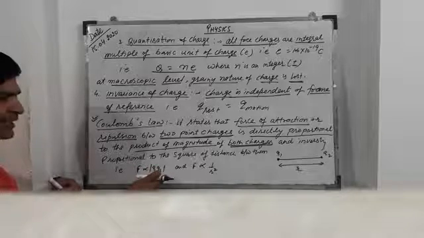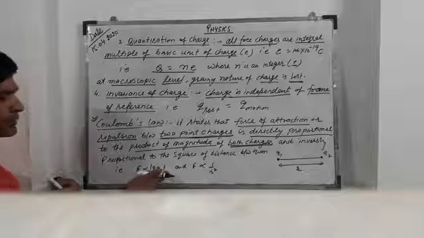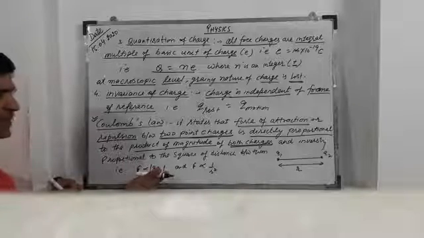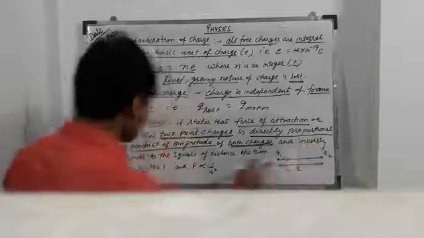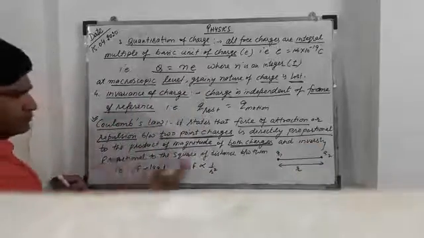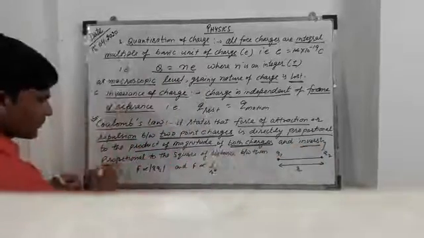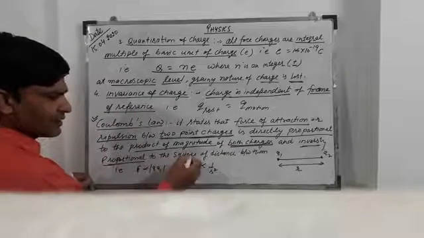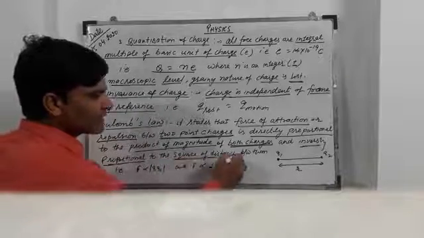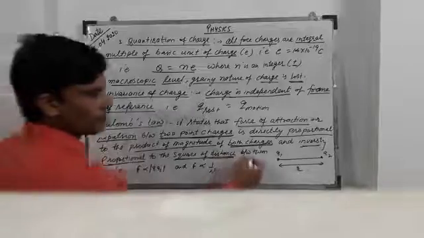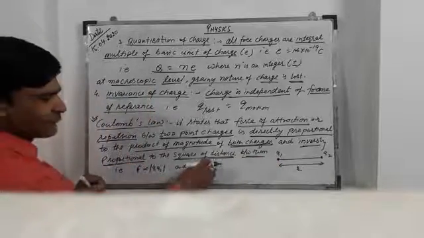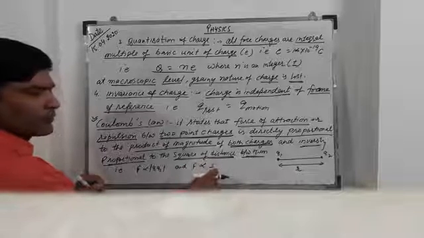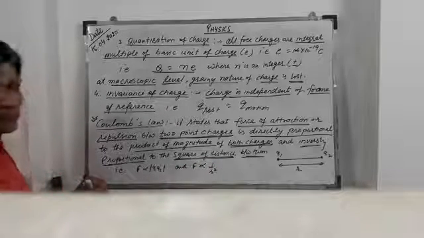This is taken in mod because by this we get the magnitude. Okay. And inversely proportional to the square of the distance between them, that is r. F proportional to 1 upon r square.